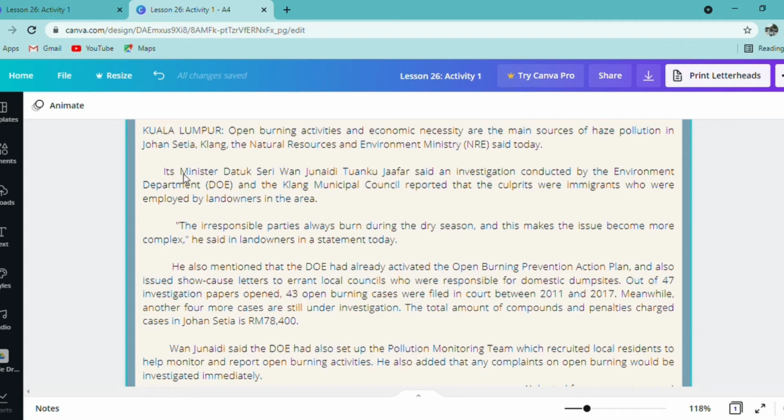As you can see from the second paragraph, its Minister Datuk Sri Wan Junaidi Tuanku Jaafar said an investigation conducted by the Environment Department, DOE, and the Klang Municipal Council reported that the culprits were immigrants who were employed by landowners in the area.